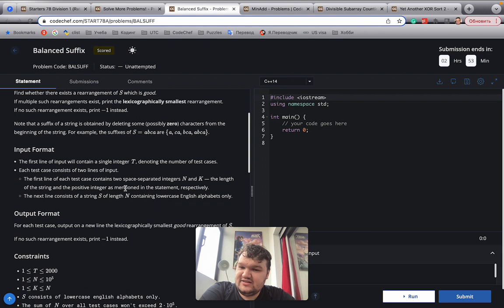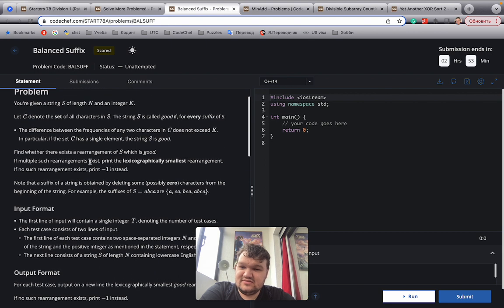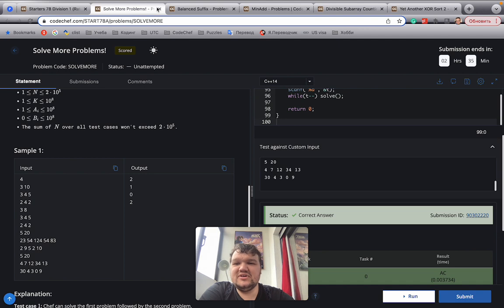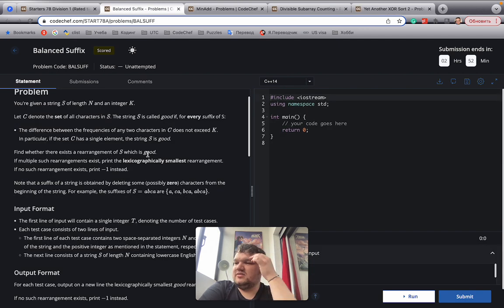Well, if k is at least 1 and this is true for the whole string, then a rearrangement exists, surely. Lexicographically smallest, well, shouldn't be hard, right?